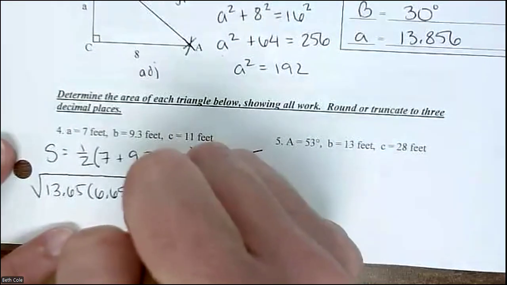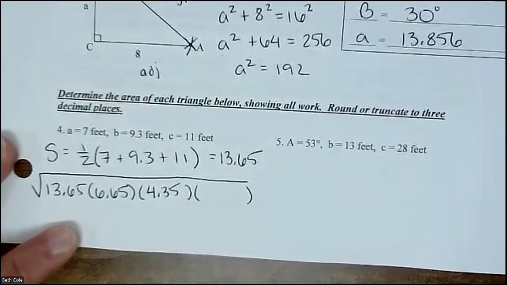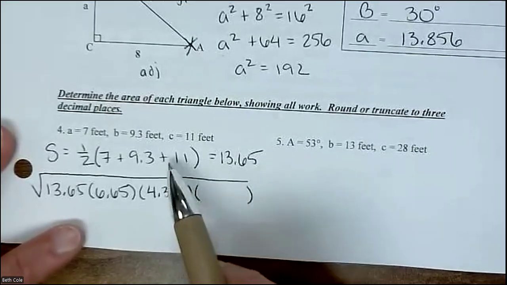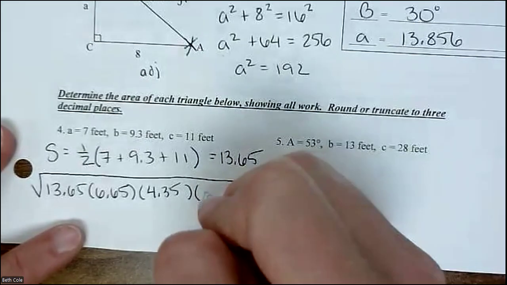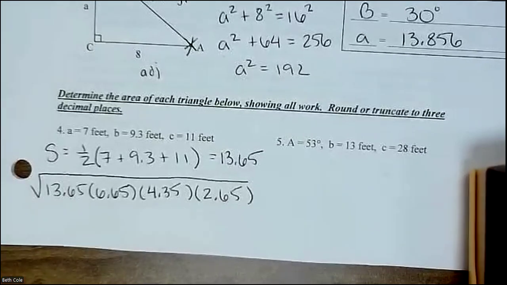I just typed it in the calculator. It's 4.35. If you believe me, I just typed it in. I don't feel like switching the screens again. And then 13.65 minus 11 is 2.65. And now I'm going to just type that whole thing in and it will give us our answer.